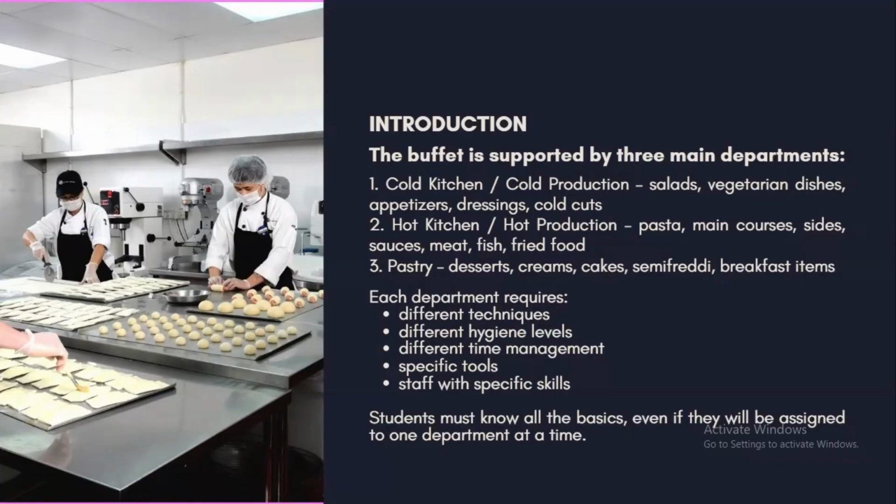That's where you make salads, dressings, appetizers, and anything that has to do with cold things that has to be stored in the fridge. In the hot kitchen, that's where you make your pasta, the main course, the sauces, the meat, the fish, anything fried. And in the pastry, we have creams, cakes, and breakfast items.